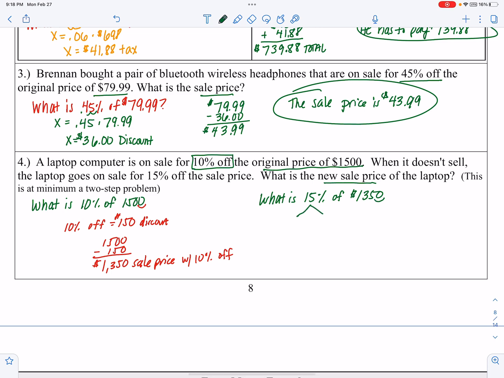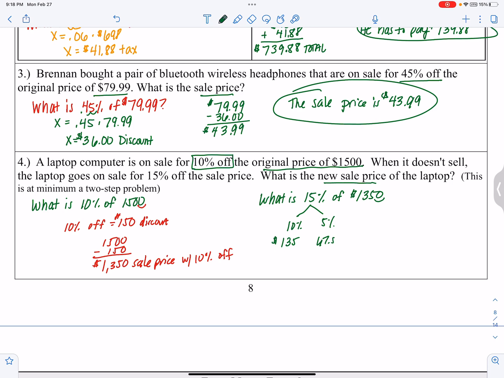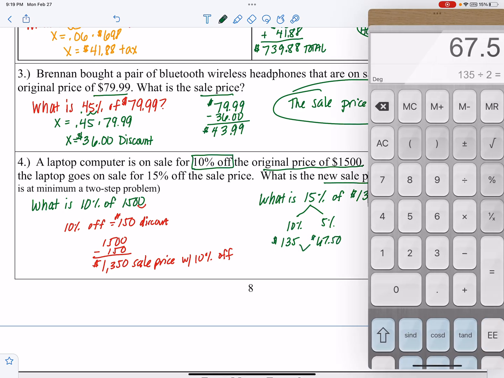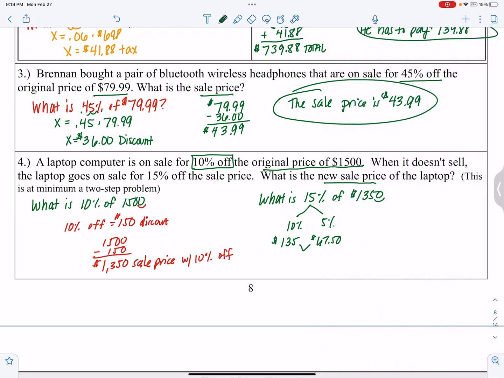If I break this apart, and we have 10% and 5%, I know 10% off is $135. And then half of that is $67.50. And then if I combine those together, so plus the 135, I get $202.50.